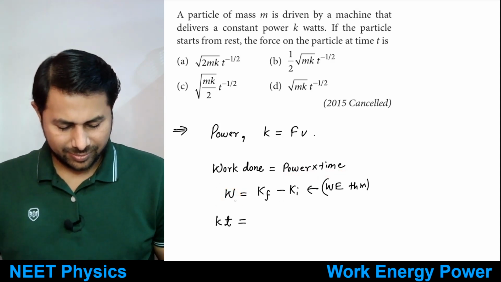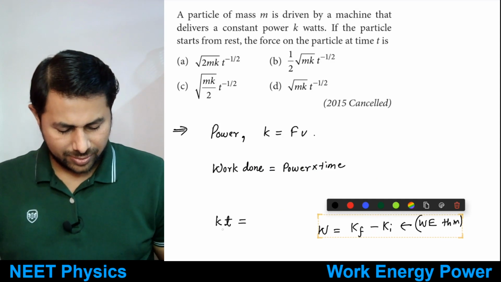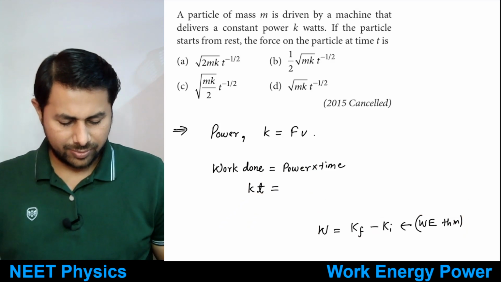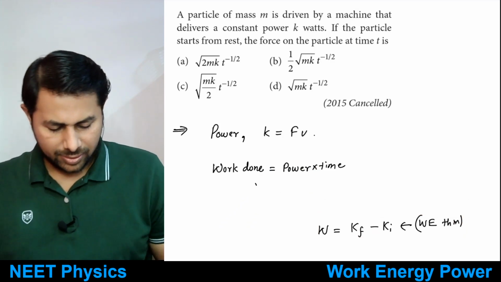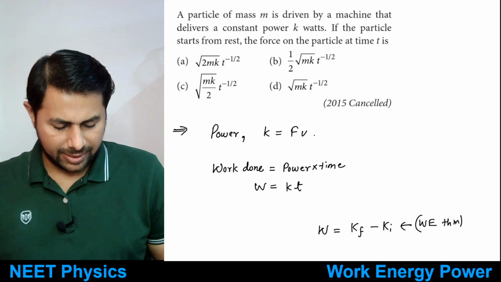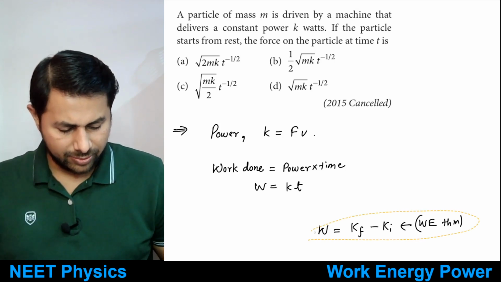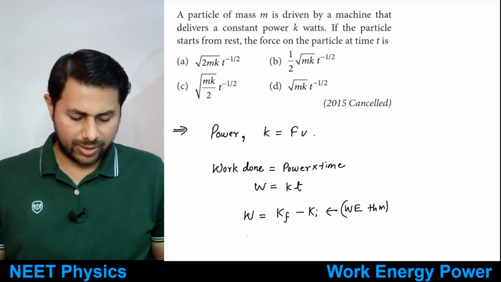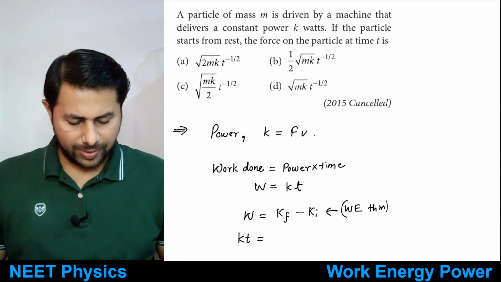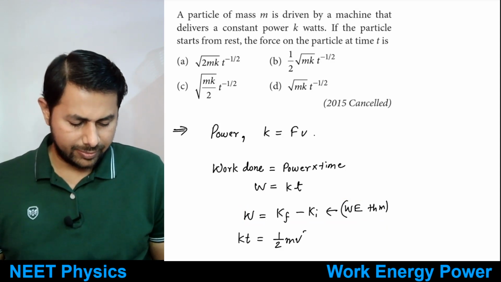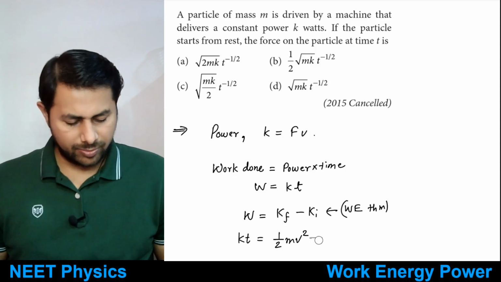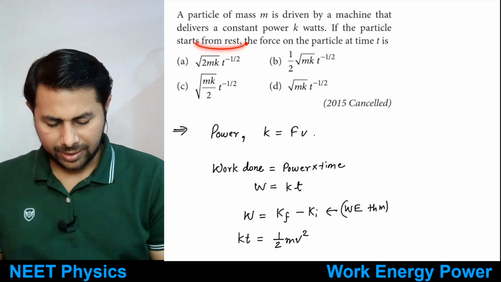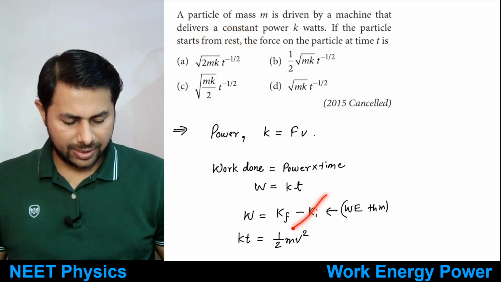So work done W is power into time, that is k times t, and therefore work done, which is equal to final kinetic energy minus initial kinetic energy, and for W I am writing kt, that's equal to final kinetic energy, half mv square, minus the initial. The particle starts from rest, it is given, so initial kinetic energy is 0.